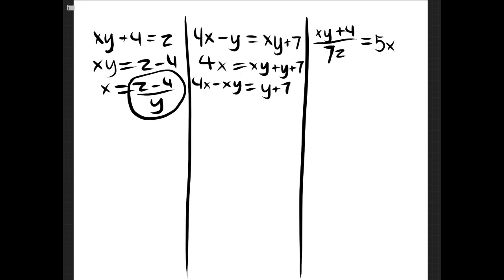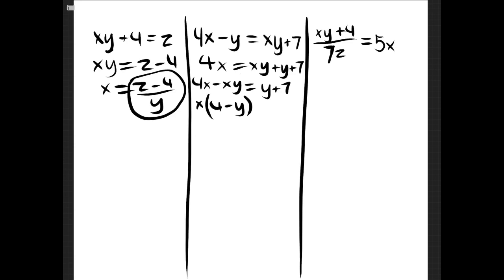Now, this part is a little bit tricky, but still, you can get it. All you have to do is take out the x. Now, with the distributive property, it's still the same thing since you can take out x and then just leave the other stuff there. So, if we take out x and then do 4 minus y, that's the same thing as 4x minus xy.